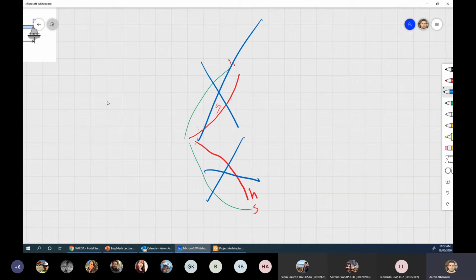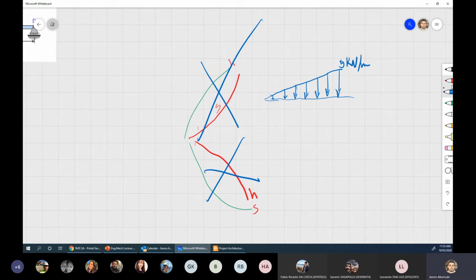Our rules tell us if you have a diagonal line, that will produce a curve. And let's say the forces are like this, uniformly varying loads. Negative, I'll just say 5 kilonewton per meter and 0.